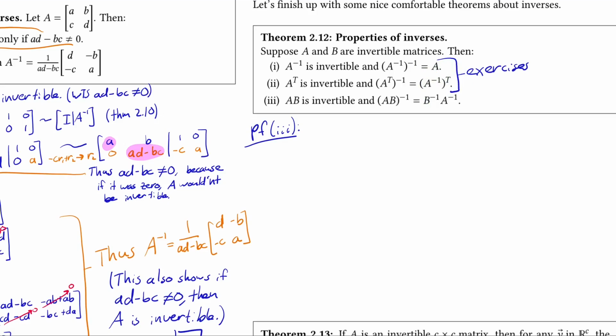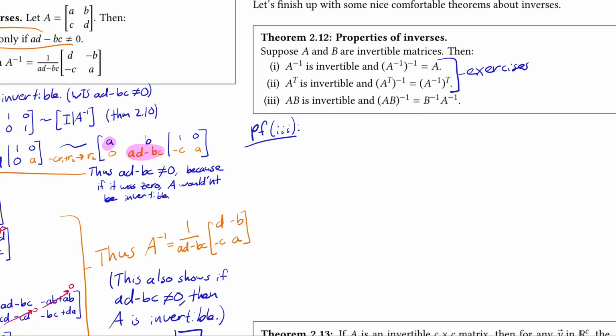Sounds reasonable. And 3 might be a little bit unexpected because when you have the product of A and B, given that A and B are invertible matrices, the product of A and B's inverse has them backwards.